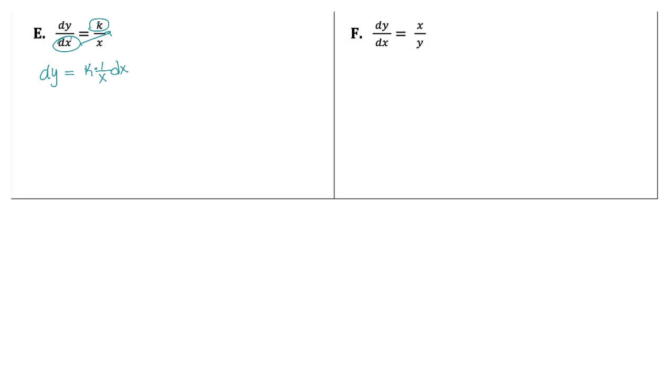And when you go to integrate this, you can really just move that k out. So going back and integrating here, you're going to have y equals k times natural log absolute value of x, and then plus c.